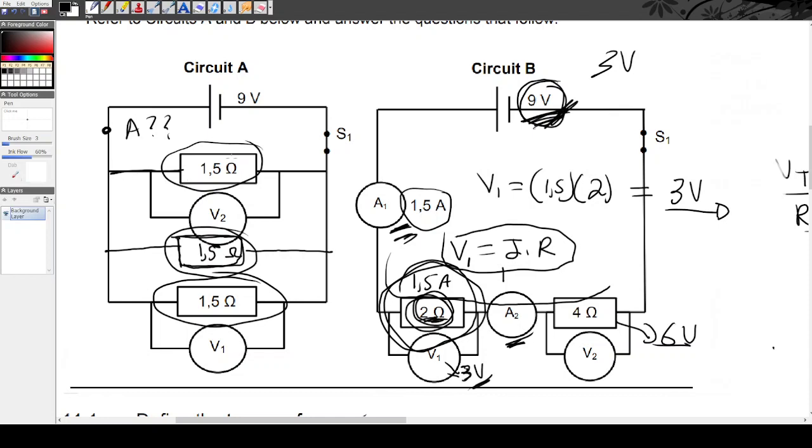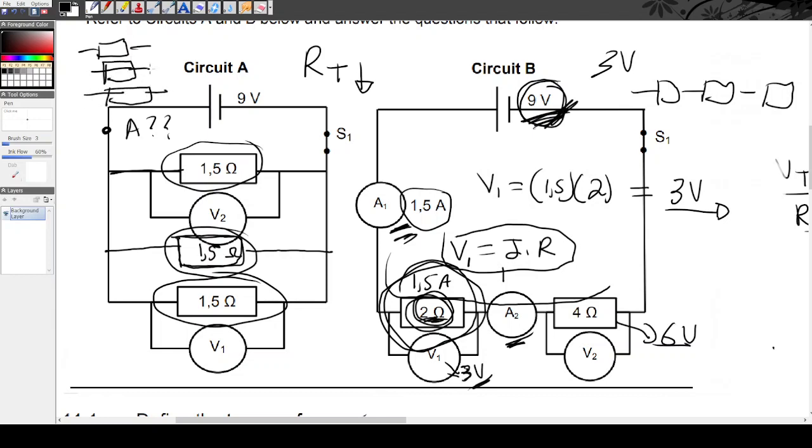So if I add the fourth one and the fifth one, then the total resistance RT reduces dramatically. The more I add resistors in parallel, the more I reduce resistance of the circuit. But the more I add resistors in series, the more I increase total resistance. I hope it makes sense. The more I add resistors in parallel, the more I decrease the total resistance.